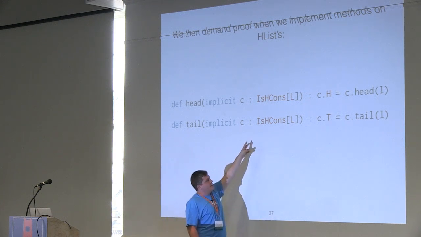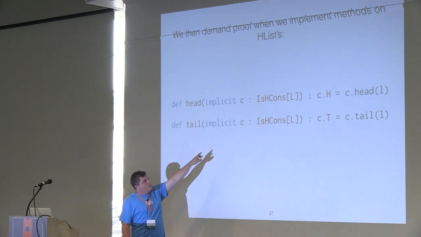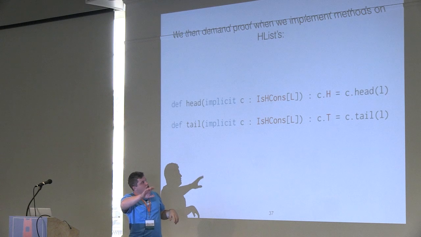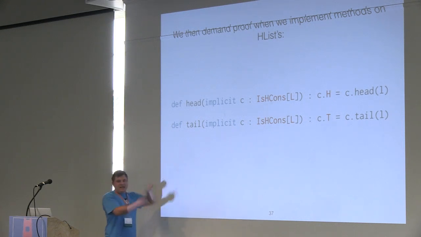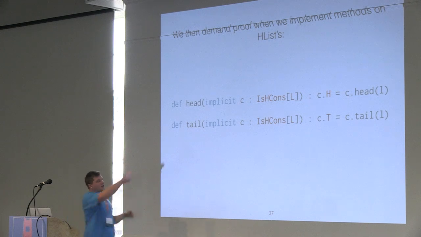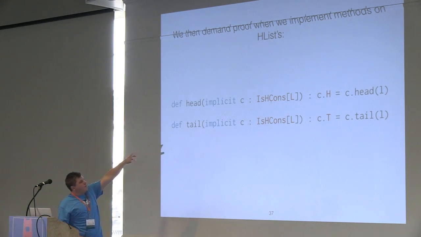So path-dependent types sound complicated, but it's a very simple form of dependent types in Scala that allow types on the result side to be accessed from values. So in this case, I get T from C, and we notice again, we have a type now depending on a value. So in this case, the return type is determined by the implicit we pick. So if I find a proof in this case that I can actually pull the Int off the front of our list, then I will return you an Int, even though it doesn't say that right there, and I will invoke the functionality on the list and get it back.